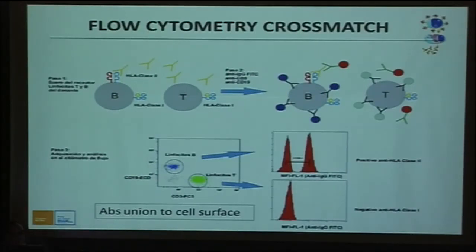So to catch the bad, positive reactions in a cross-match, and take not only class 1 but also class 2, using B lymphocytes, you usually need a flow cytometry cross-match, which is usually done in living donation in many places.